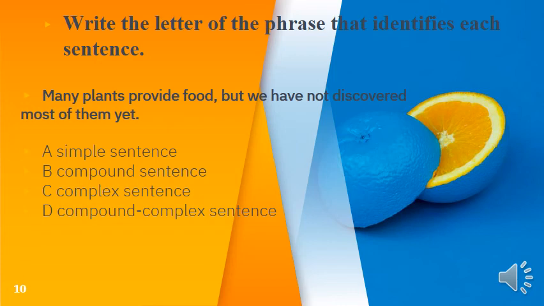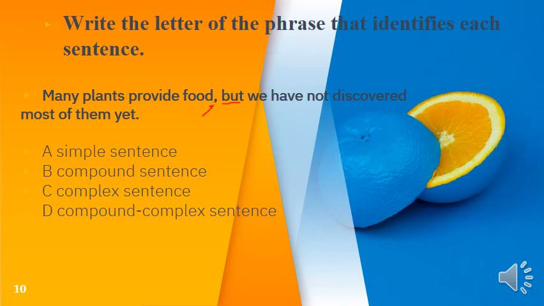Okay, so here we're going to choose the letter of the phrase that identifies each sentence. Many plants provide food, but we have not discovered most of them yet. So I have a very obvious comma and a but. What do you think? Simple? Not simple.